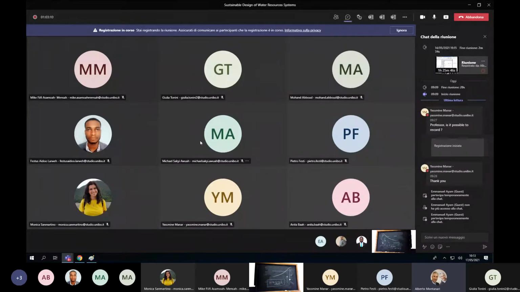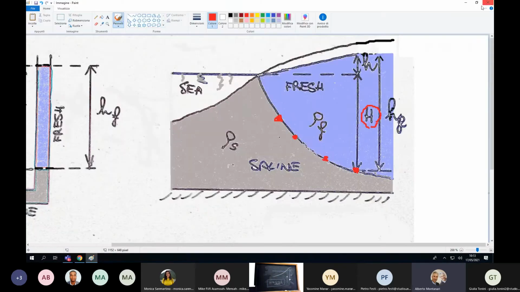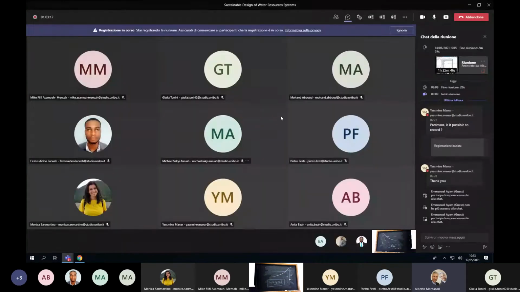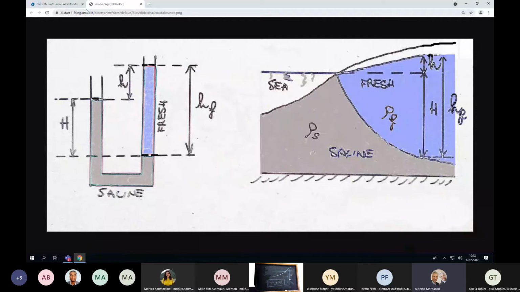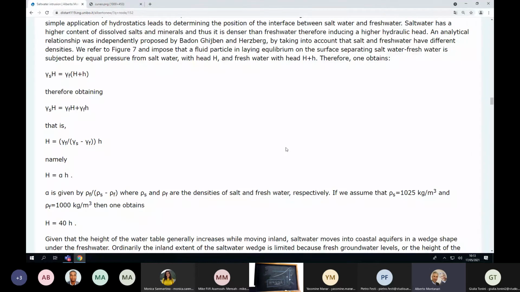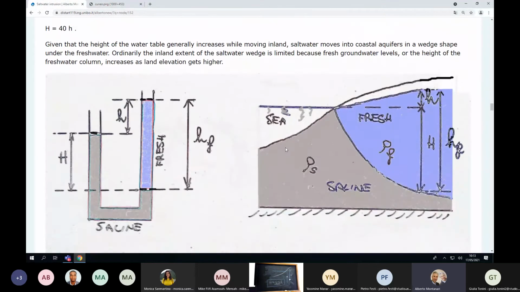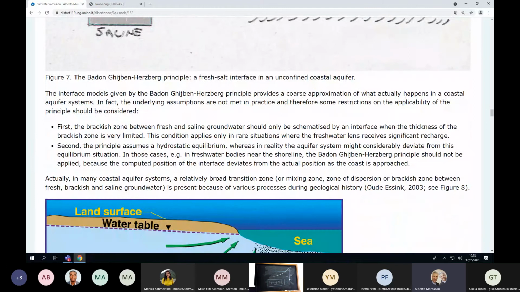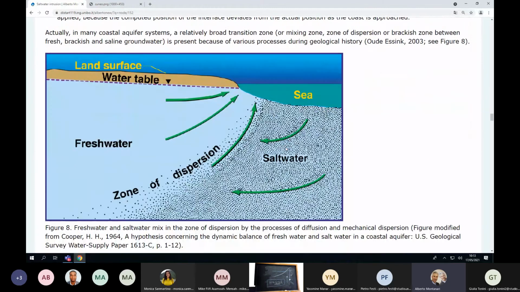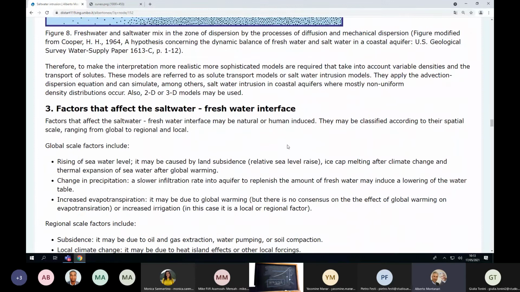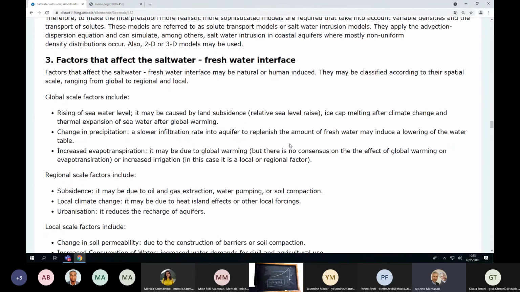Okay. So let me now close this graphic blackboard and go back to the web page to see if I forgot something. What are the factors that affect the saltwater-freshwater interface?